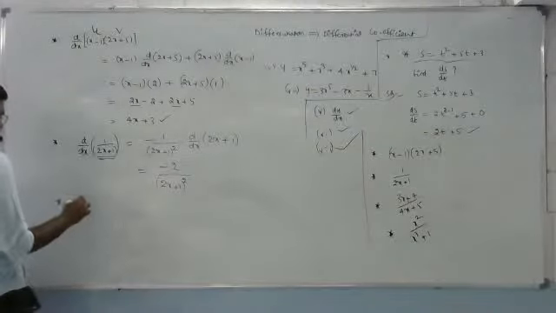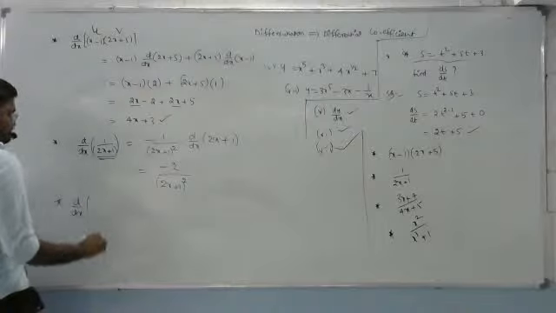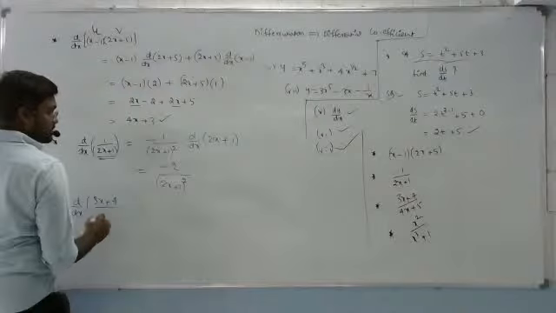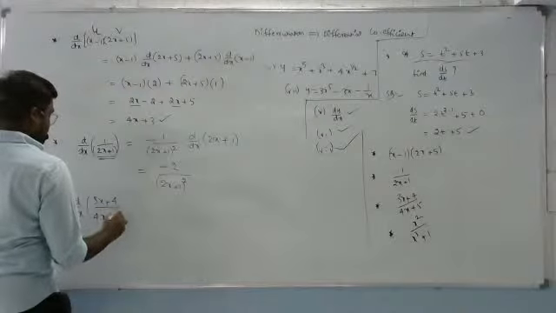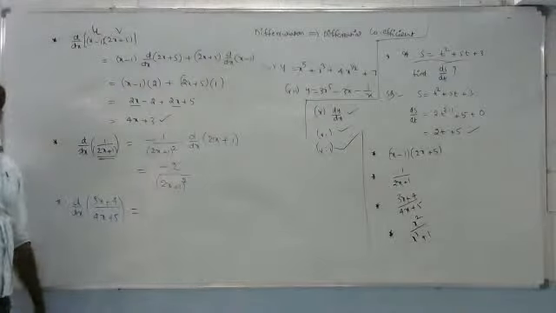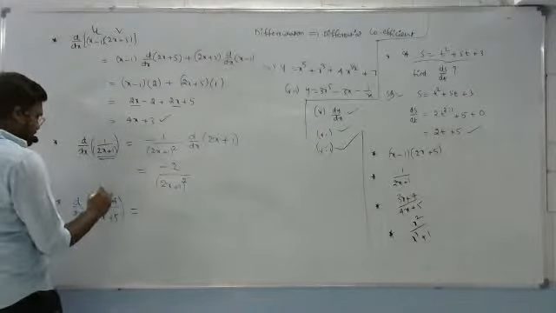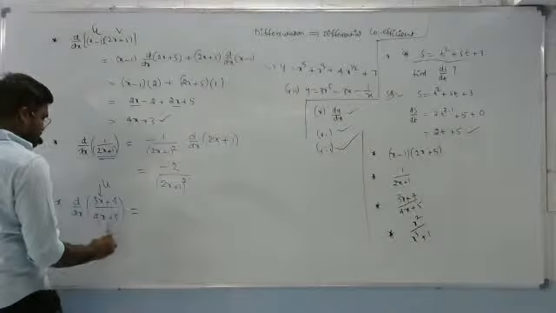Now, next one. d by dx of 3x plus 4 by 4x plus 5. This is like u by v. So what is the formula? This is u. This is v.